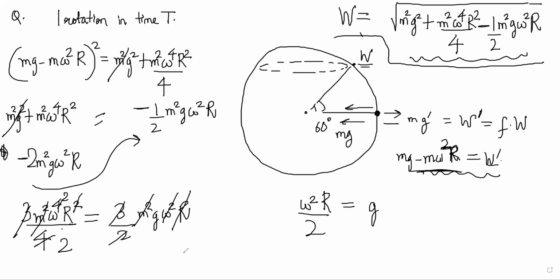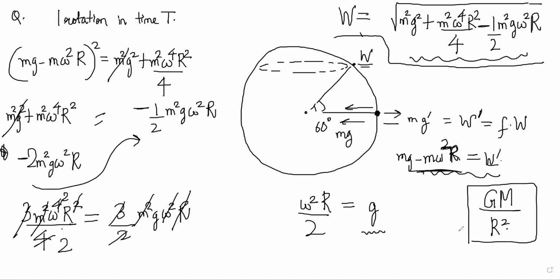So now omega is actually 2 pi by time period, right? Now the density of the planet is being asked. Fine. So now this g that we have used is actually g capital M by r square, right?